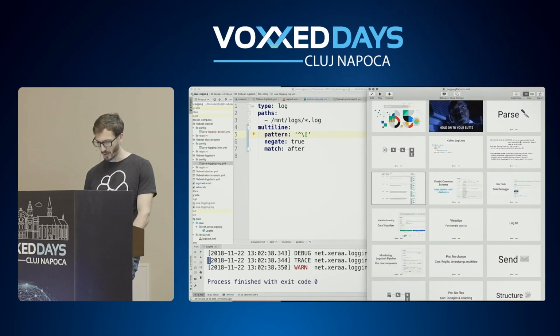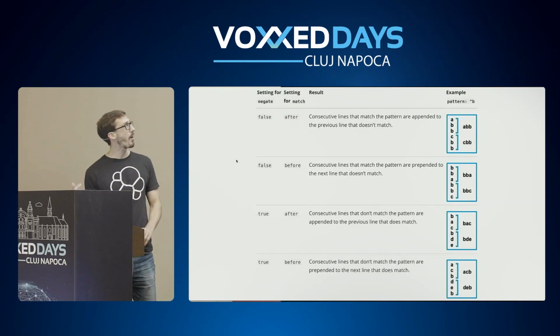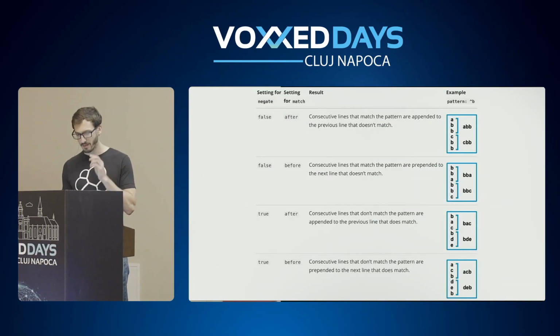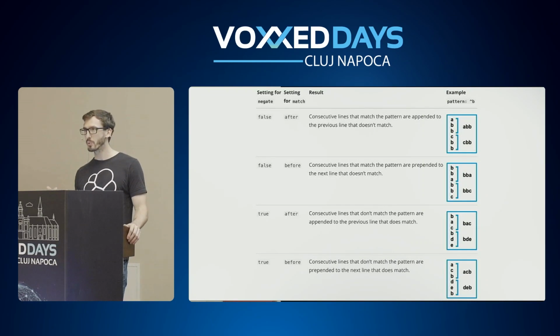There are multiple variations of how to do that. That's from our documentation, so you can look it up, because I always forget how to combine stuff. But this basically describes how to structure those rules to collect log events the right way. So for example, if you're searching for B and you have the pattern ABB, like this is always the start of a log line, this combination of negate false and match after would collect whatever is before and then up until the last B, until some other letter than B is coming.